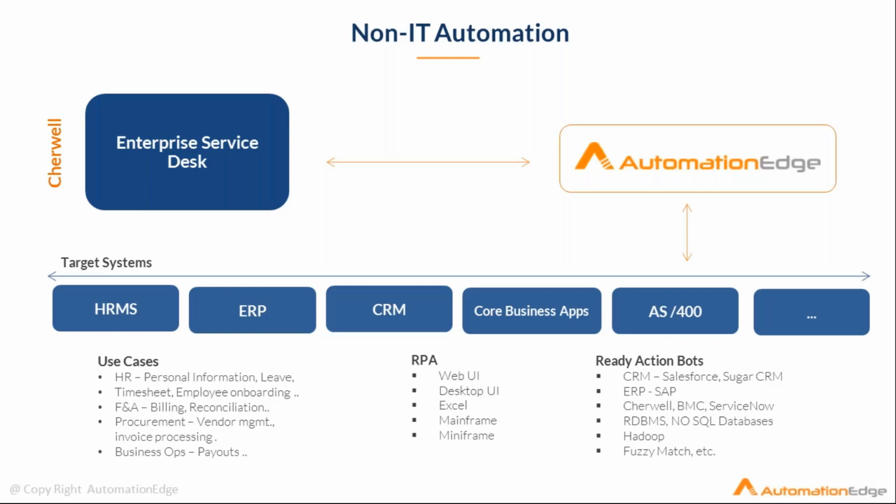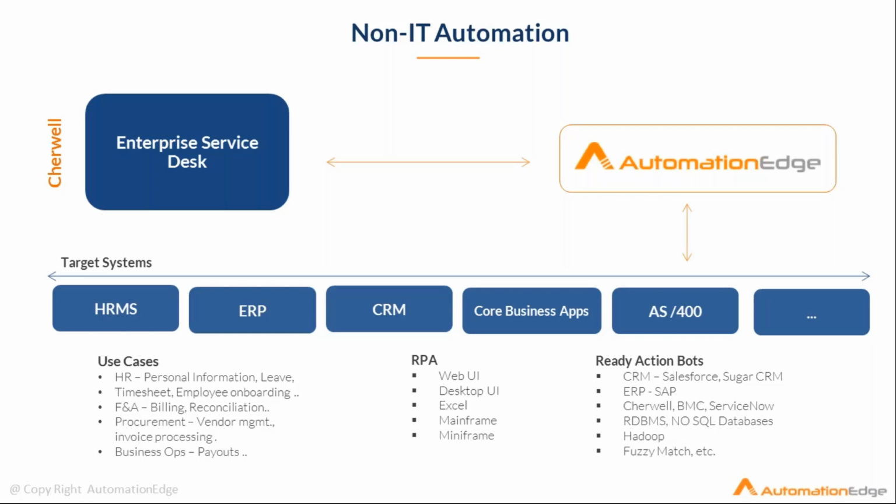So when AutomationEdge is there, instead of the ticket getting assigned to a human queue, you can create a queue for AutomationEdge, and the request would be picked up by AutomationEdge, and it will go and do an action on the target systems. And for doing that action, we need not know the backend APIs or database structure of these applications. What we use is our RPA technology, whether it is web UI, desktop UI, a mainframe system, or a mini-frame like AS400 based system or application running on those systems.